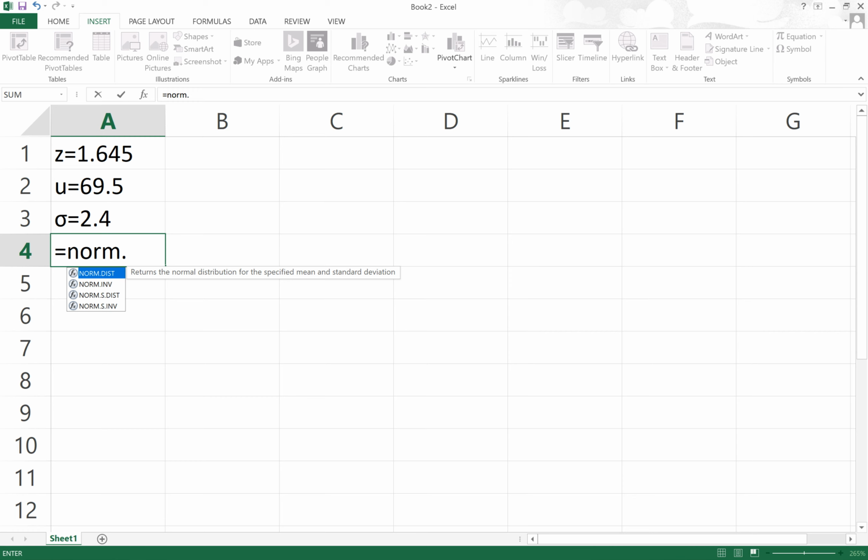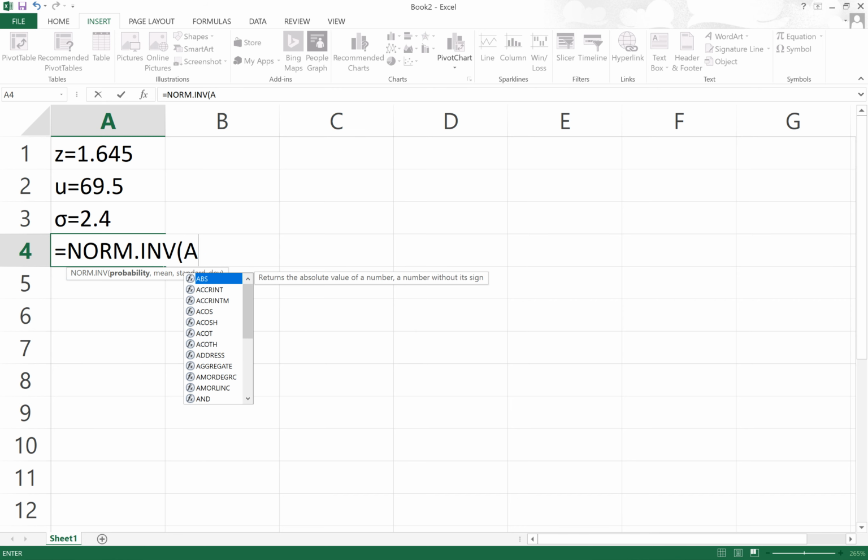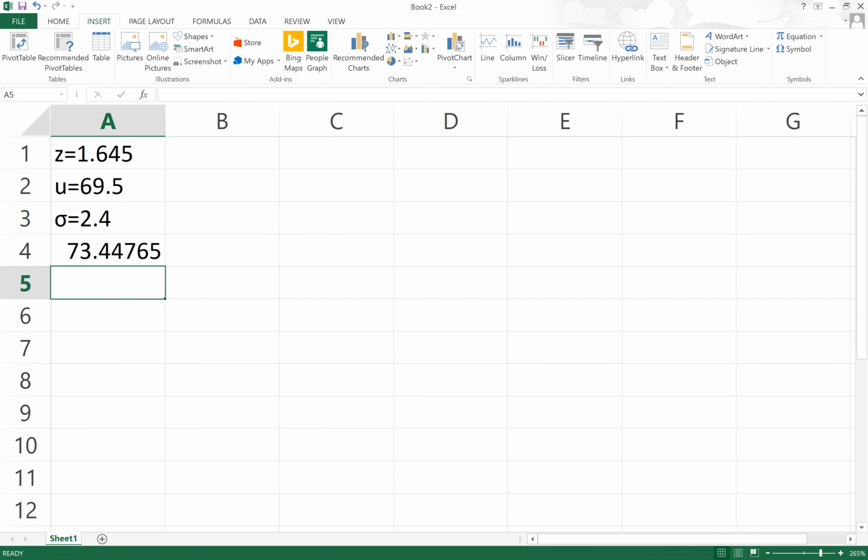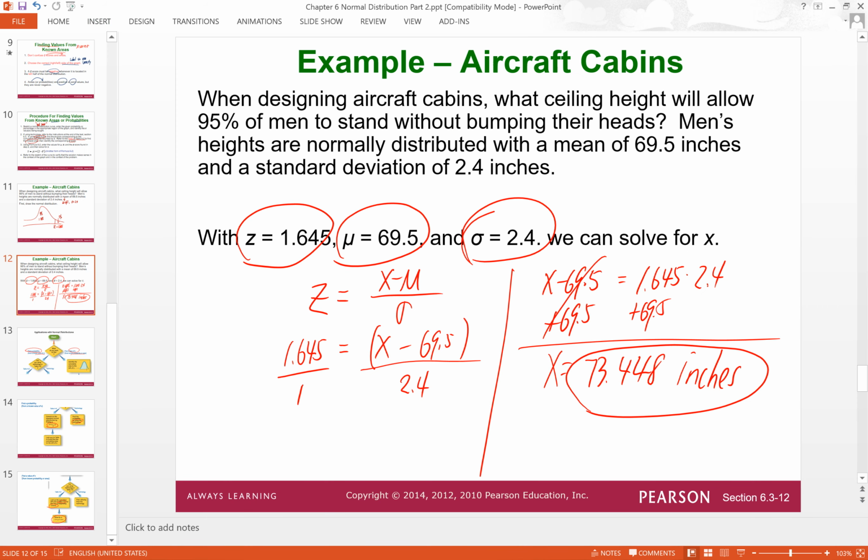Now use this formula. In Excel, in order to insert a formula, put an equal sign, NORM.INV, meaning inverse of normal distribution. It's exactly the inverse process. In this inverse, you put in the probability, mean and standard deviation. We know the probability, the area to the left, is 0.95. The mean is 69.5. Standard deviation is 2.4. And Excel will automatically give you the result, 73.448.